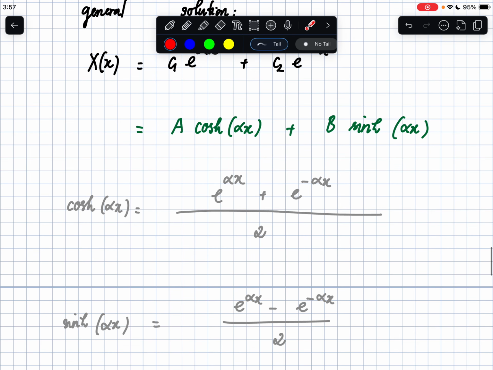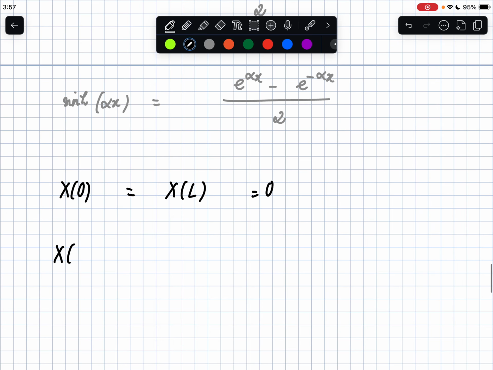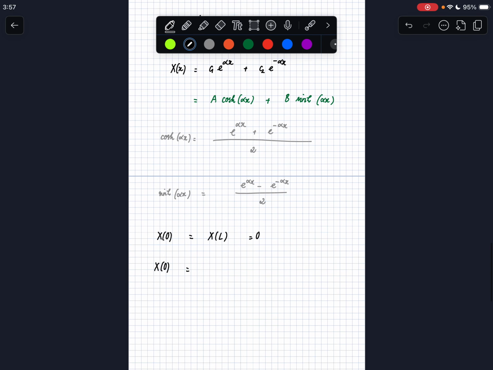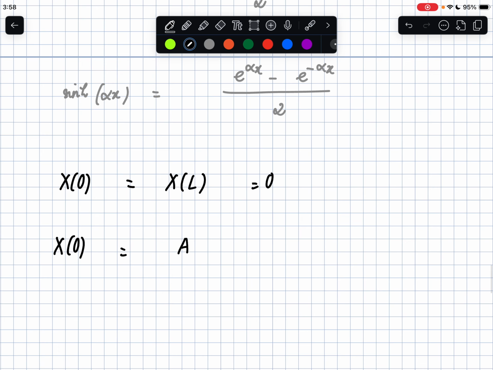Now, because of our condition X(0) equal to X(L) equal to 0, we have X at 0. Let's say I want to choose this one. X(0) is A times cosh 0 plus B times sinh 0. A cosh 0, B sinh 0.